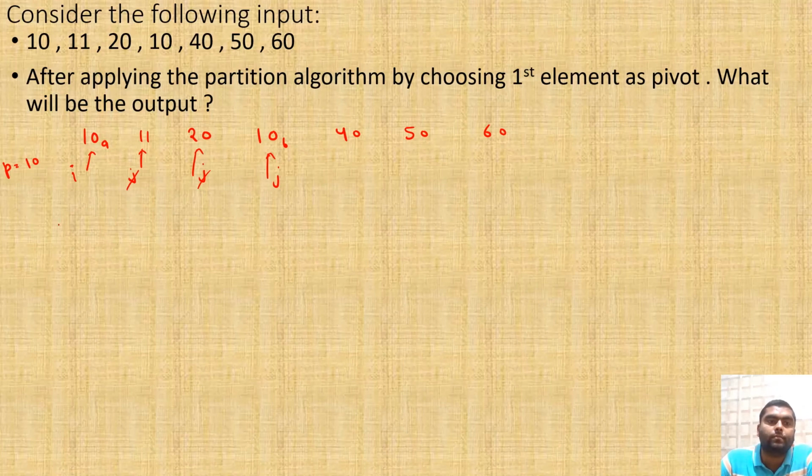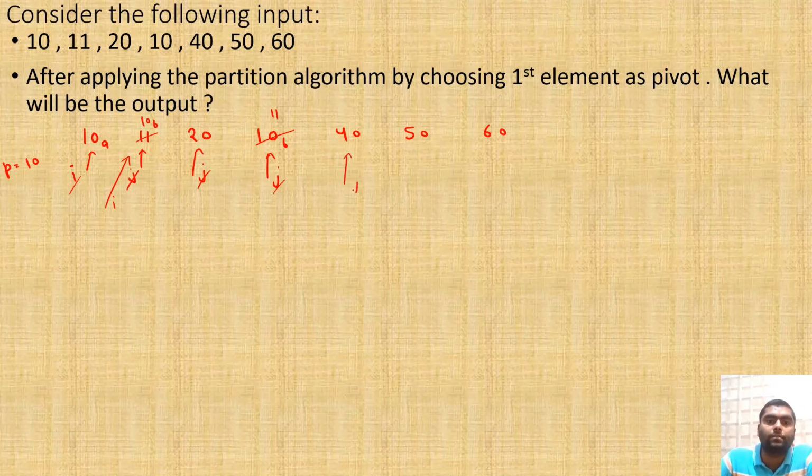Okay, so just change my i from here to here, and just interchange these two values. If you interchange these two values, this is 11 and this will be 10b. Now just increase this j.